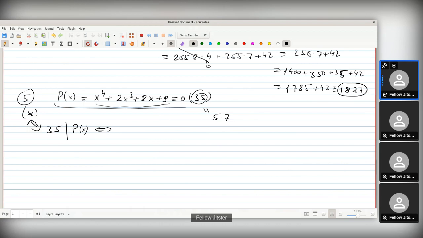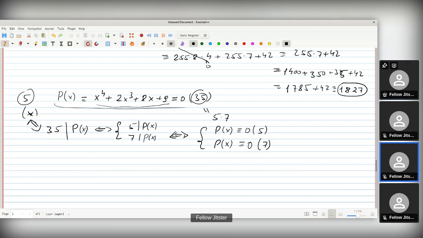But when something is divisible by 35, it is divisible by 5 and by 7. So my original congruence is equivalent to the following system: P of x is congruent to 0 modulo 5, and P of x is congruent to 0 modulo 7. Is this idea clear?